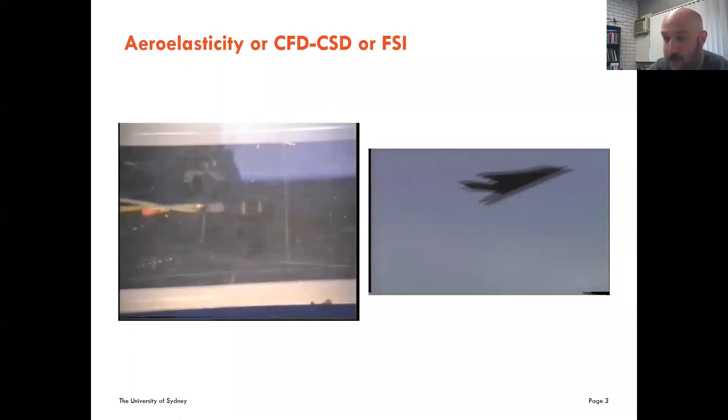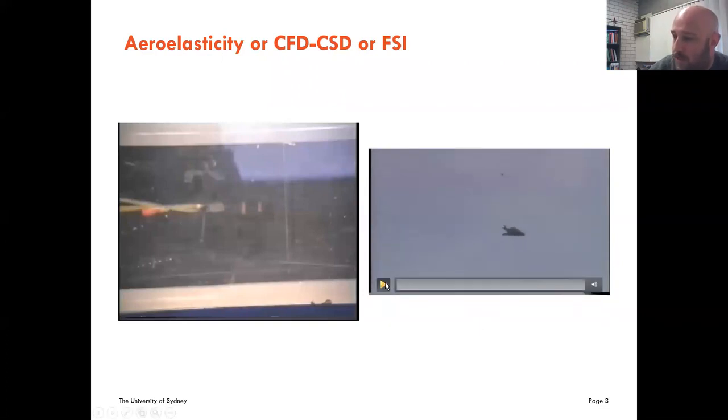Unfortunately, nowadays, aircraft like to be more complicated. If you haven't seen this video of the F-117, I'll just replay it briefly. If you look at the left-hand wing, you see that the elevator does a quick oscillation and then tears itself apart.